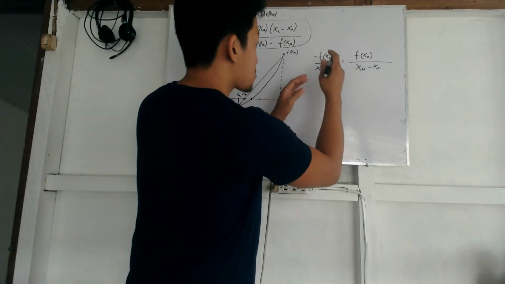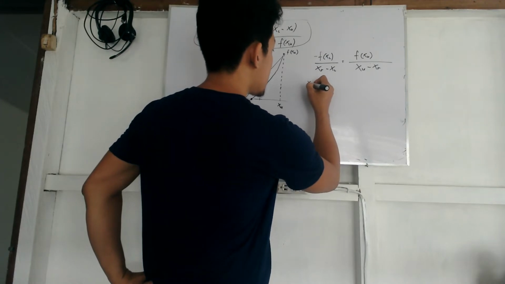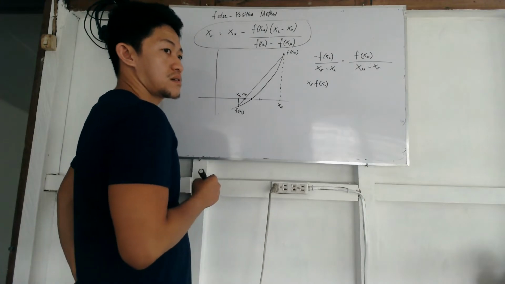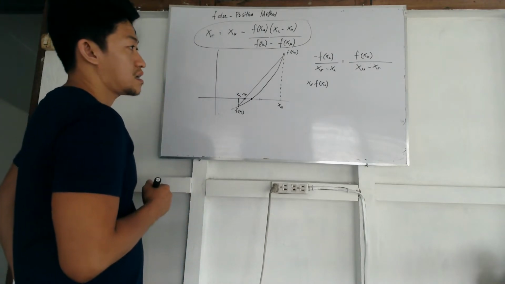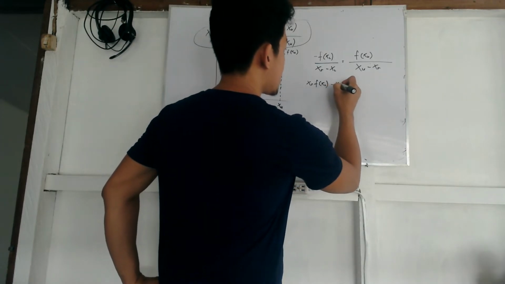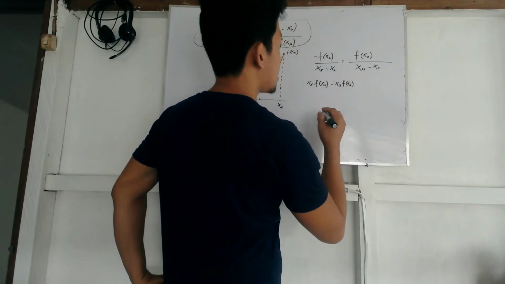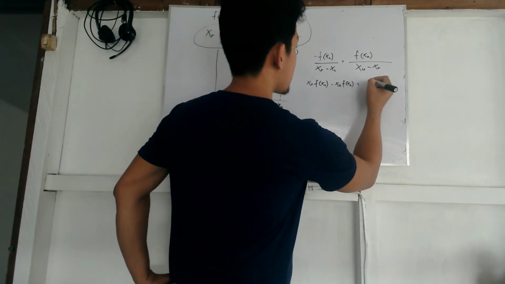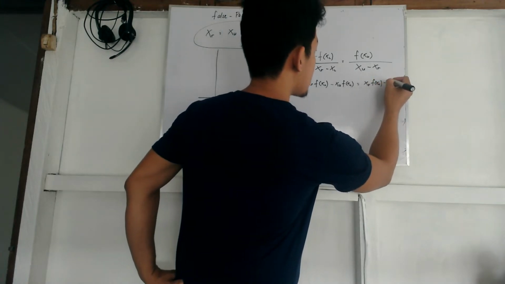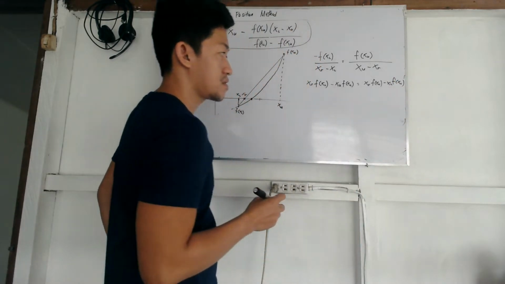And then you cross multiply, you will get XR f of XL minus XU f of XL is equal to XR f of XU minus XL f of XU.